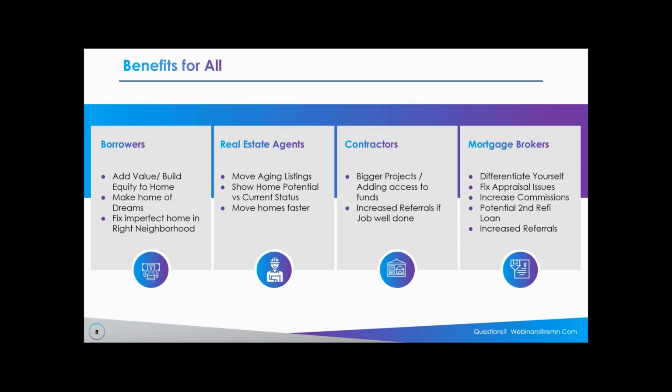So there's always the potential for 2 commissions on these loans. And again, if you do a good job, you get increased referrals. You'll be known as the renovation person in your area. And likely, if you're good at it, because you have a good partner with REMN, and there's good communication between us and you, you'll start to get a lot more of these deals.